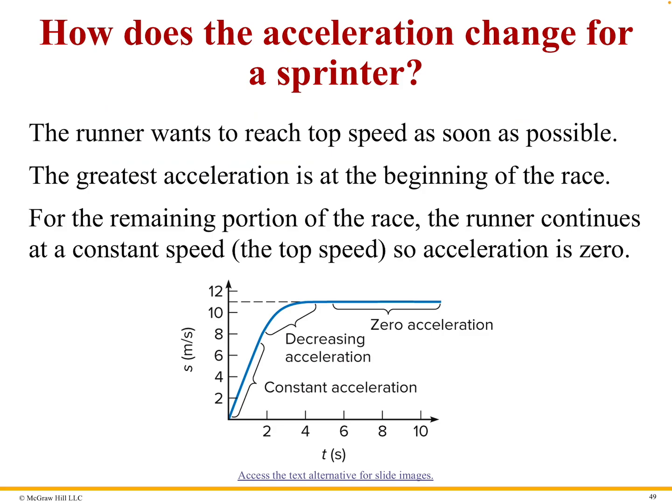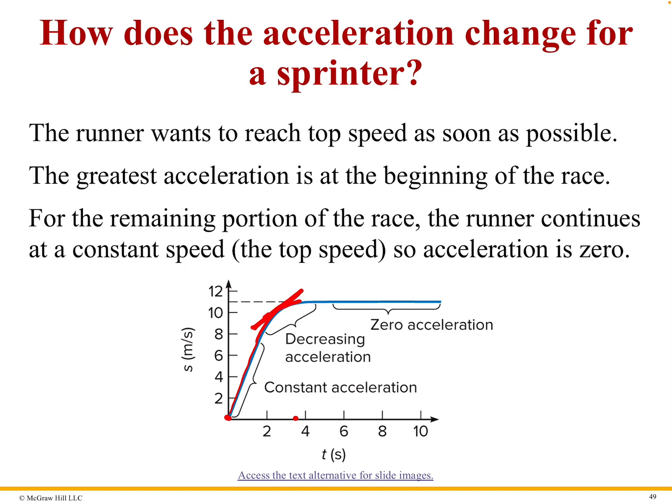This shows how the acceleration changes for a sprinter. You can see that from 0 to about 3-4 seconds, they have this sort of constant acceleration, but then what happens here? It curves.